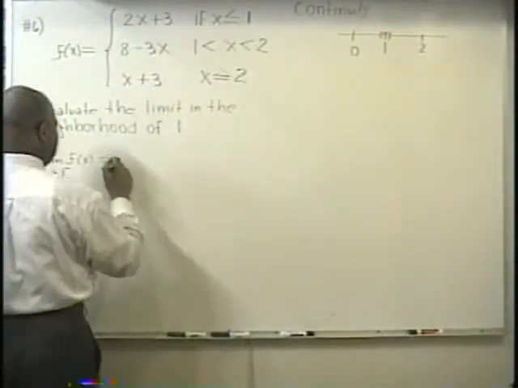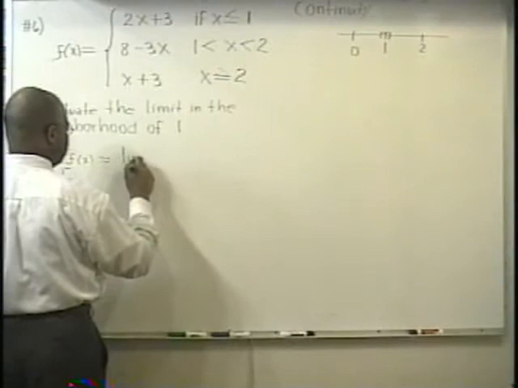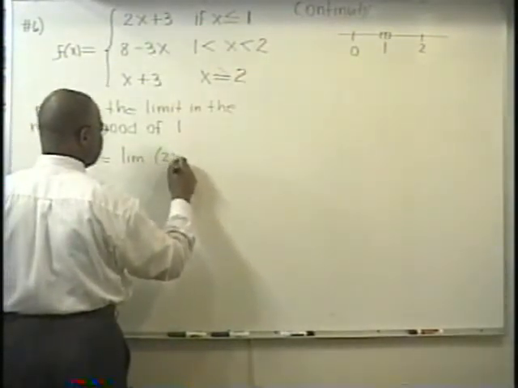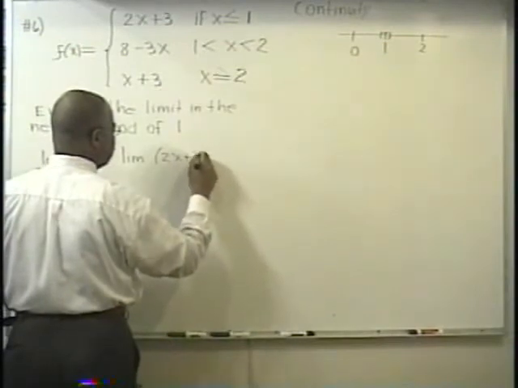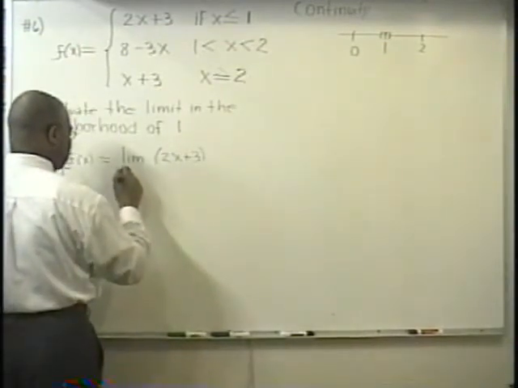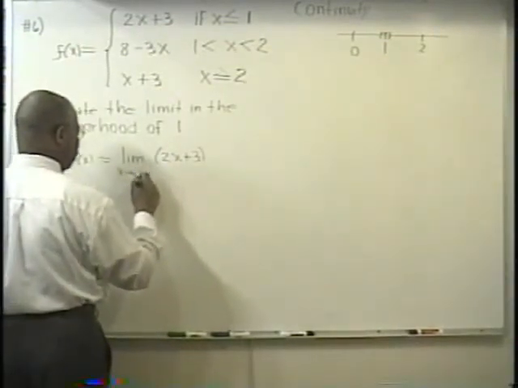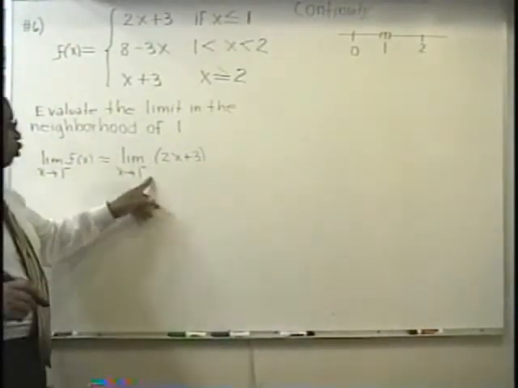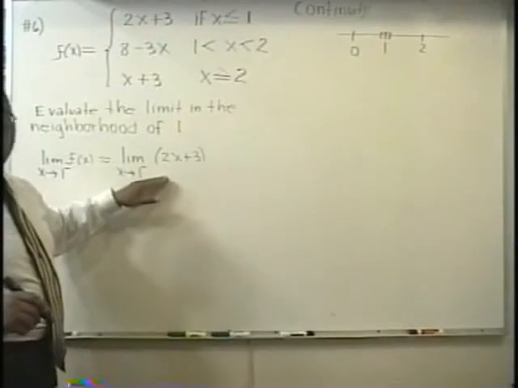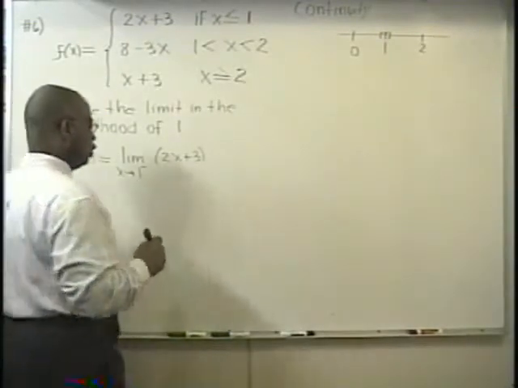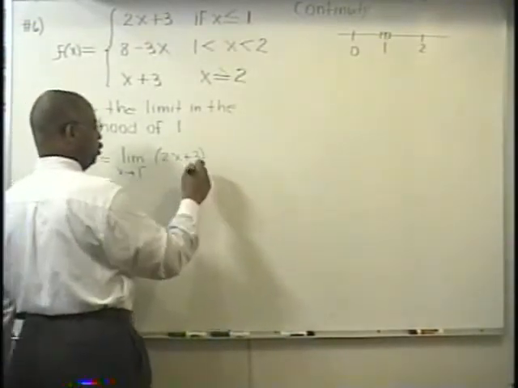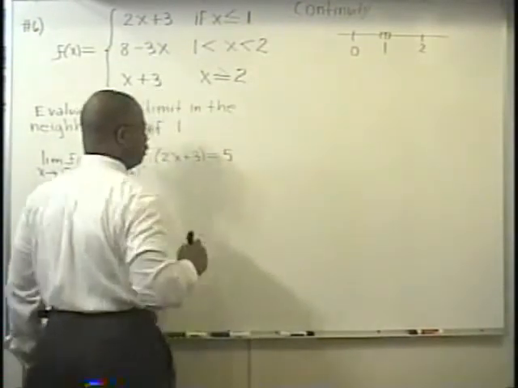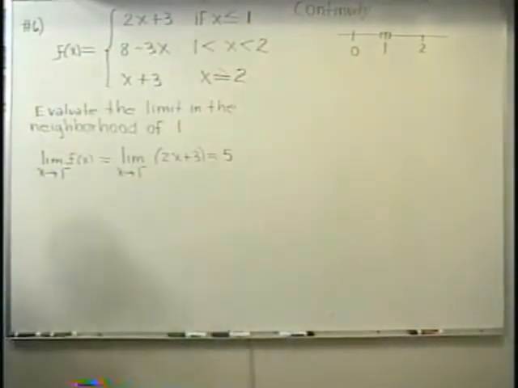So now that's equal to the limit of 2x plus 3 as x approaches 1 from the left. So we're going to use x equals 1. Since that's a polynomial, we can put that in. Well, 2 times 1 is 2 plus 3 is 5. Well, so far the limit from the left is equal to 5.